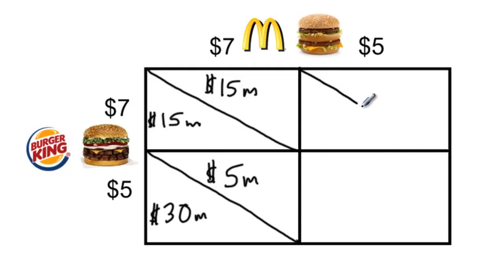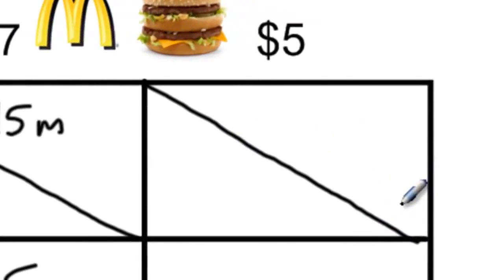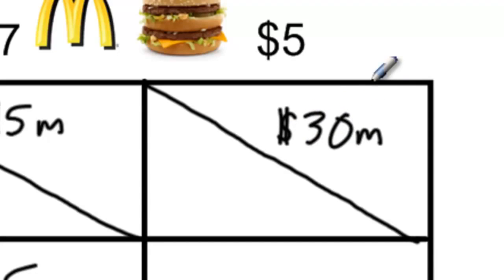Let's look in the upper right hand corner and we'll show the payoffs that the two firms would enjoy if this were the case. Let's assume that the same thing happens when McDonald's lowers its price as did for Burger King when it lowered its price. If McDonald's unilaterally lowers its price, McDonald's can expect its total profits to increase to $30 million at the expense of Burger King, whose profits will fall to $5 million.